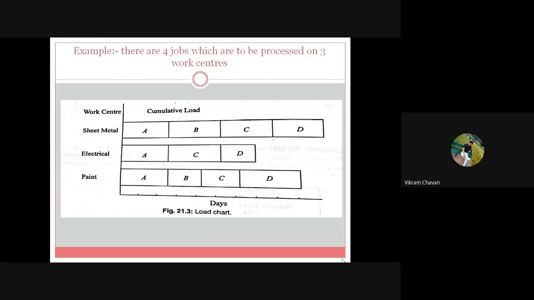Jobs A, C, and D require electrical work.